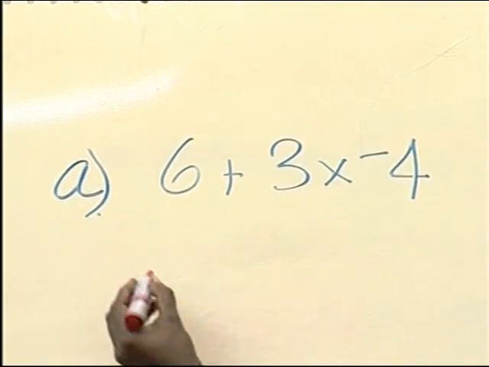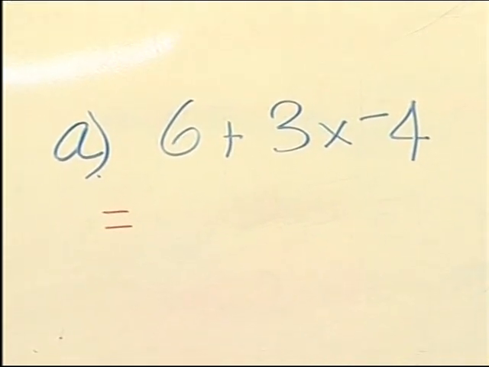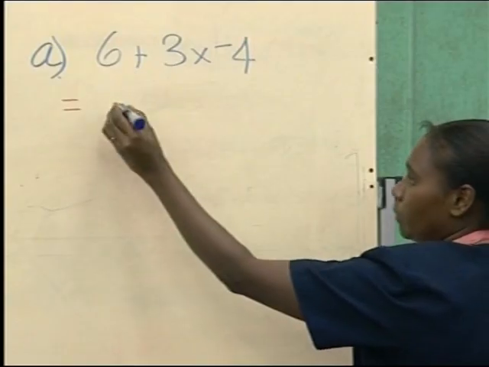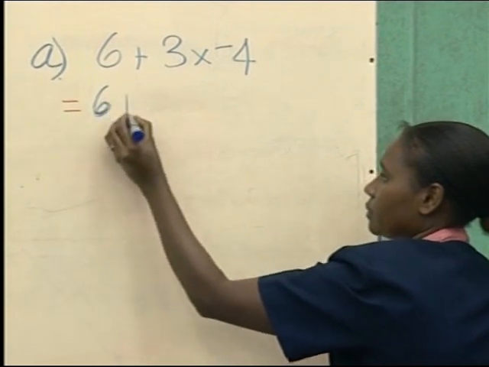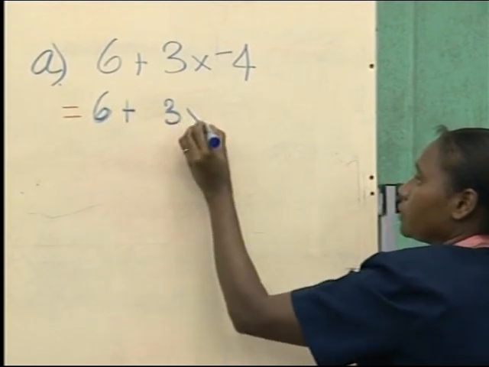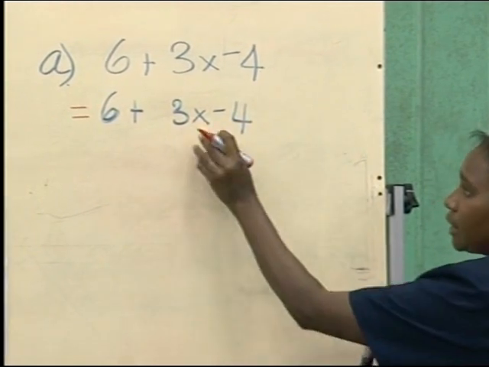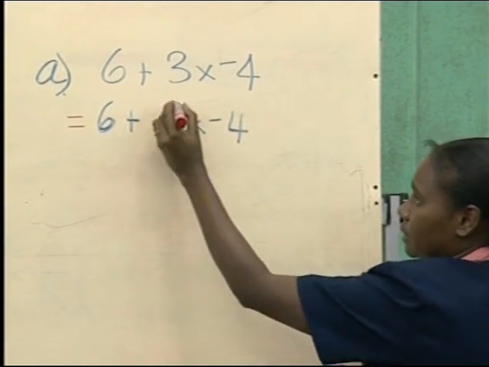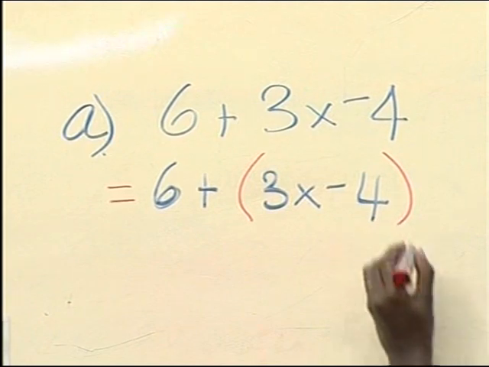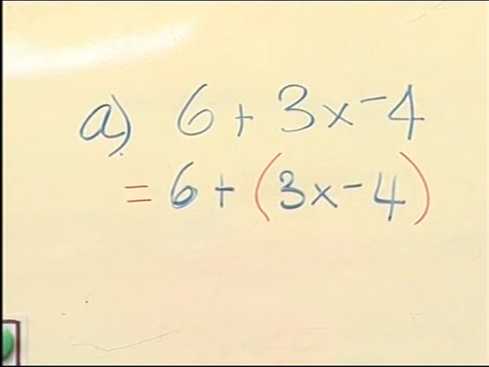So we should be watching and seeing how it can be done. We bring this problem down again. Have this problem inside the grouping symbol because it is different from this sign. So 3 times negative 4 is grouped now so that it's easy for you to follow.